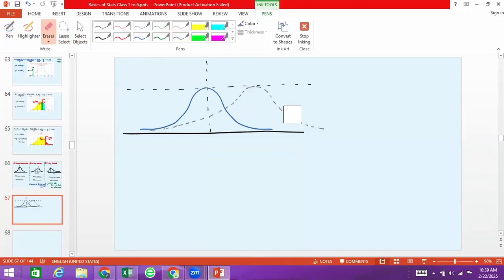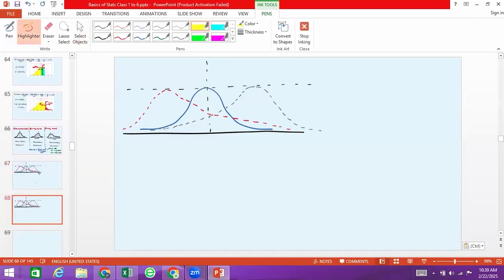Okay, let me make it a little bit more flat. And the peak will move towards the left hand side in case of left skewed data. Right?